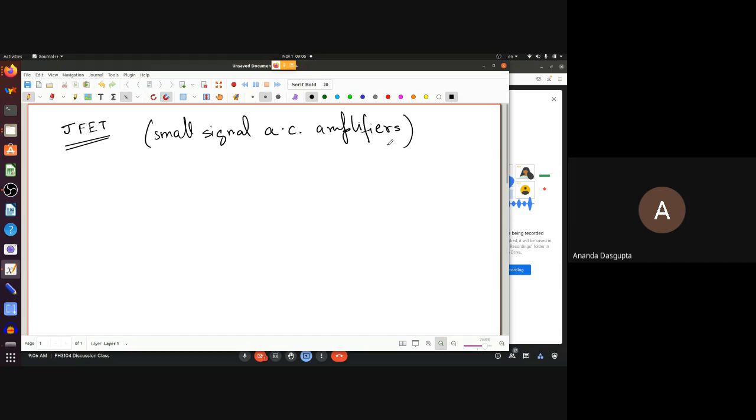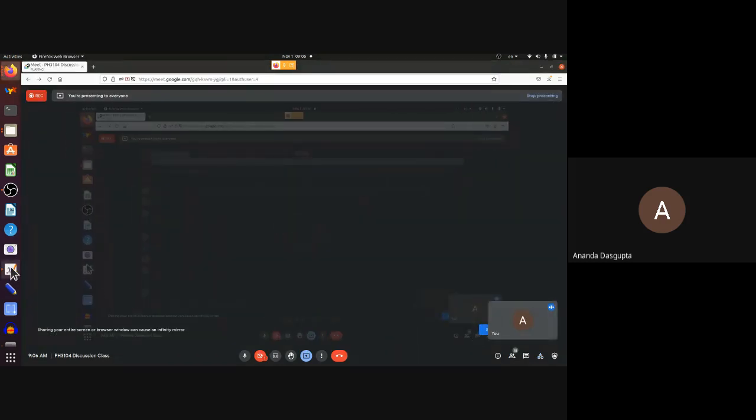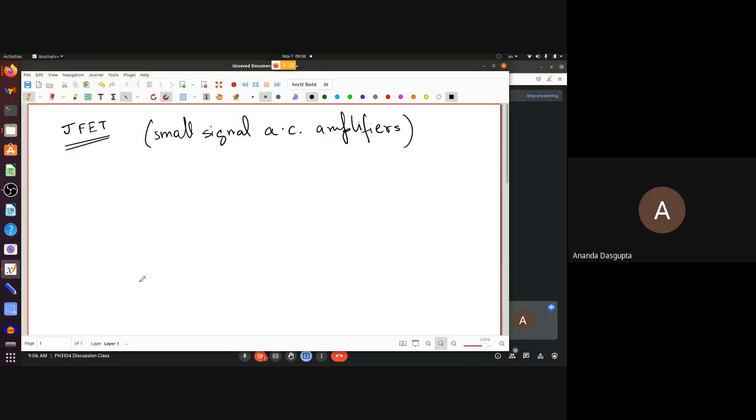Actual amplifiers, of course, may not always be small signal. Signals may be large in an actual amplifier. And of course, if a signal is large in an actual amplifier, what happens is that your linear approximation is no longer perfectly accurate. Then you have to take into account higher order terms. And by the way, taking into higher order nonlinear terms might lead to some very rather unexpected behavior.